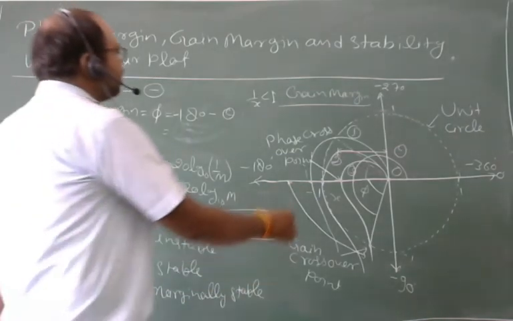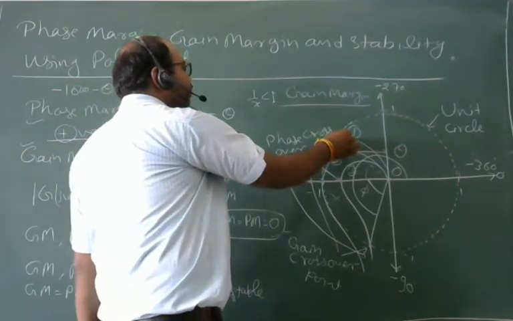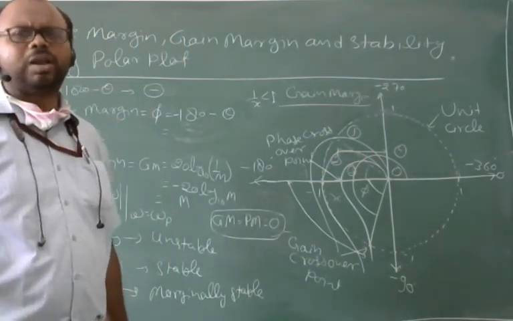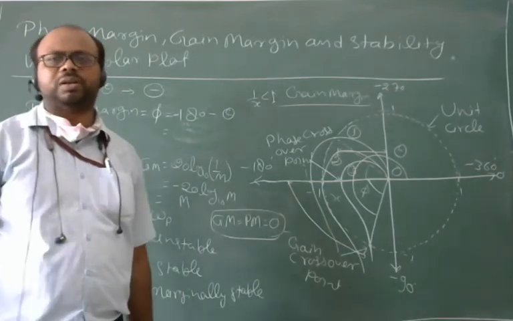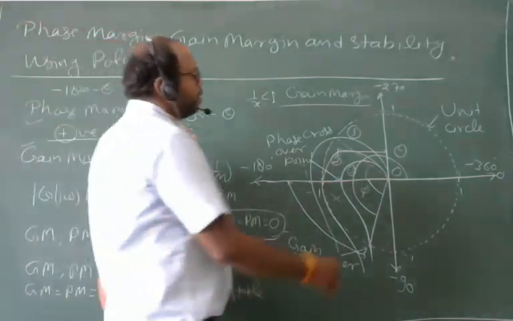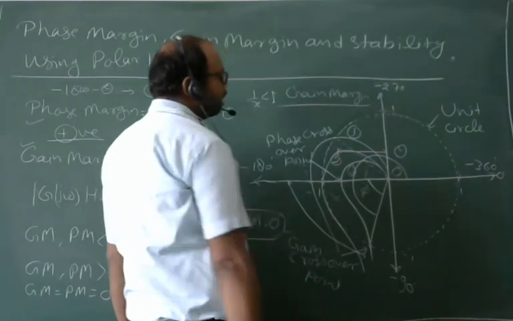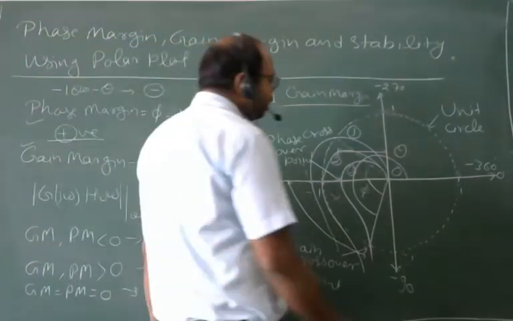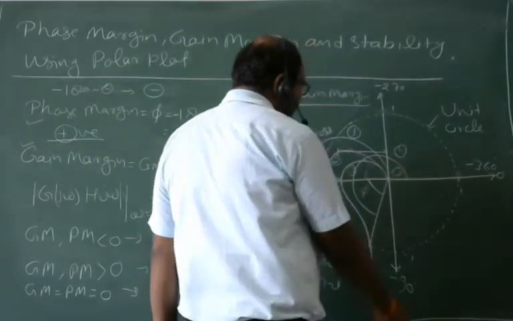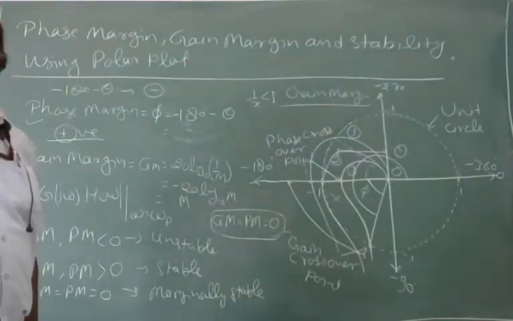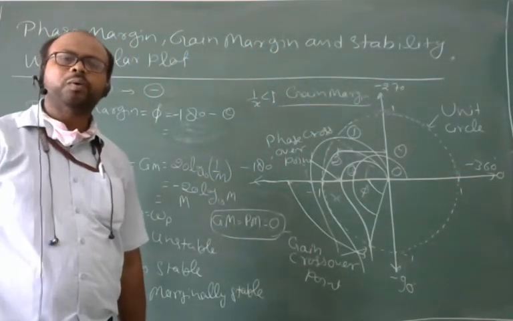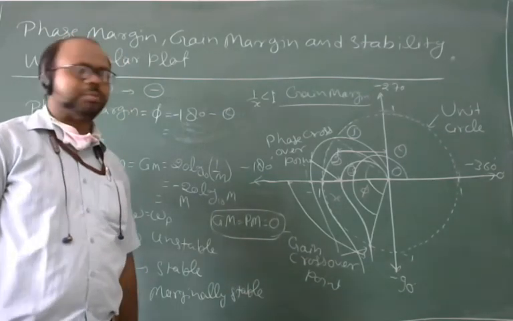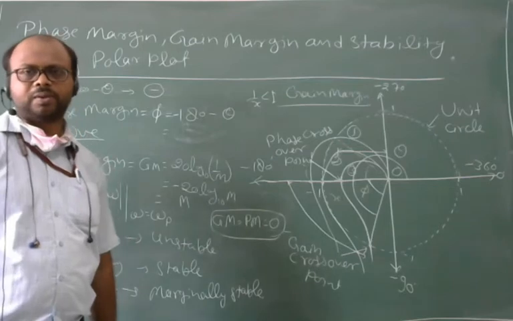First one, when gain margin, phase margin are less than 0, both are negative or any one is negative, then the system is unstable. Second case is here, gain margin, phase margin both are 0, system is marginally stable. And third case is here, when gain margin, phase margin both are positive and the system is stable, right?